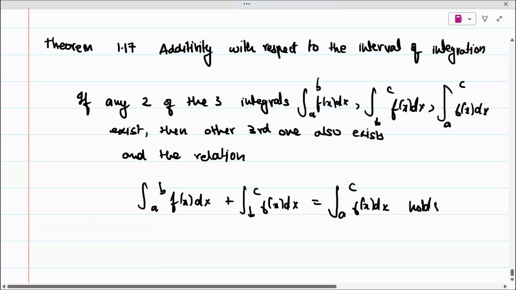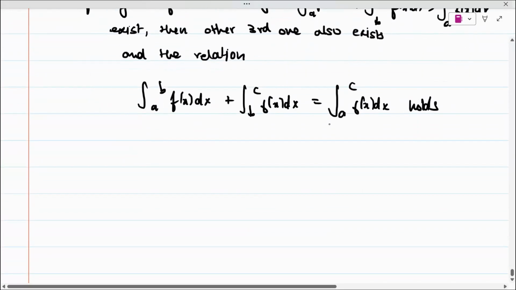Then we have invariance under translation.